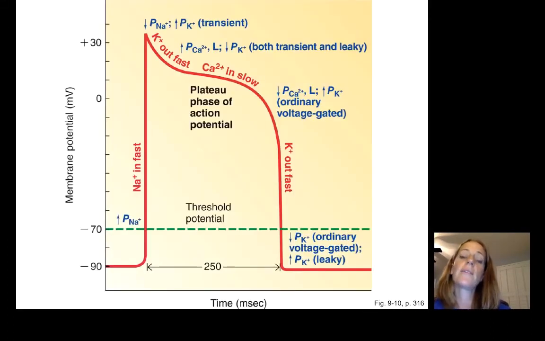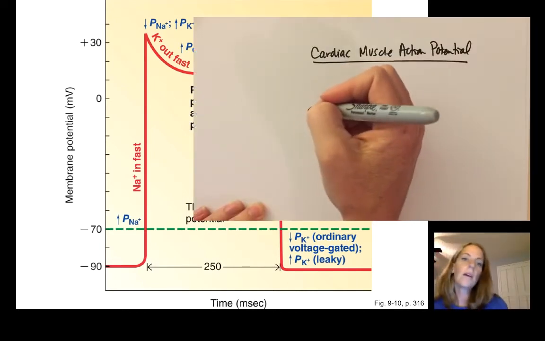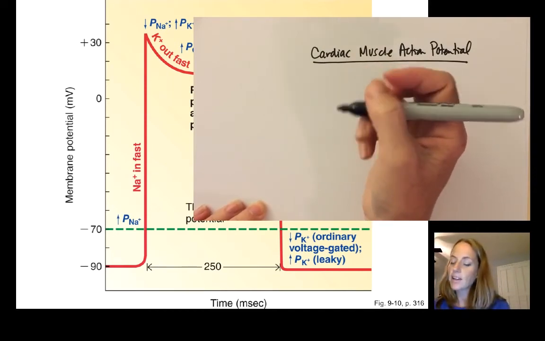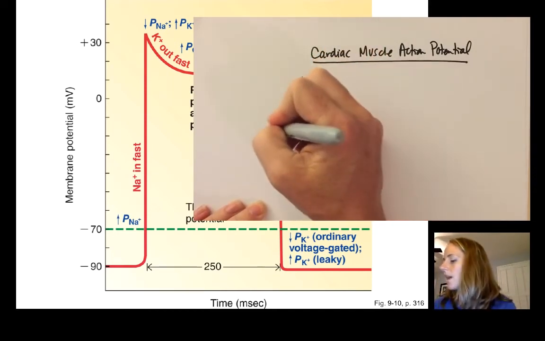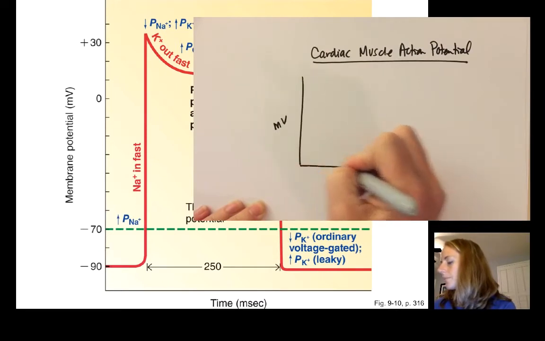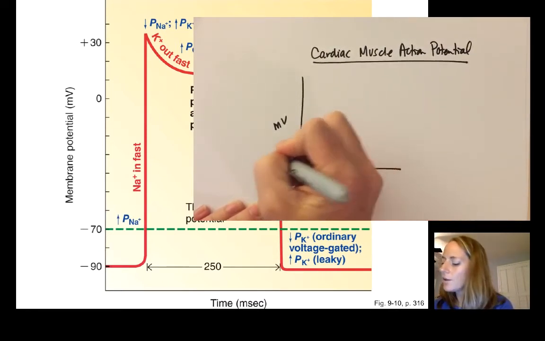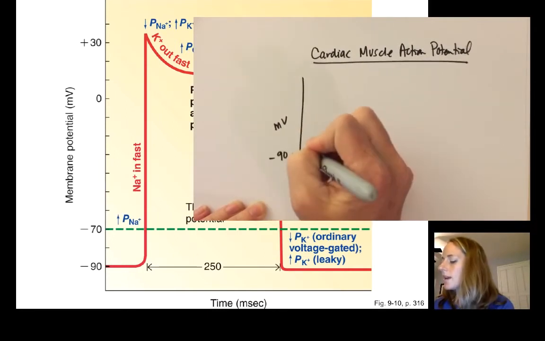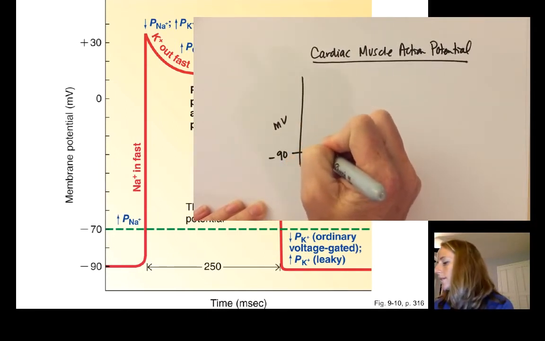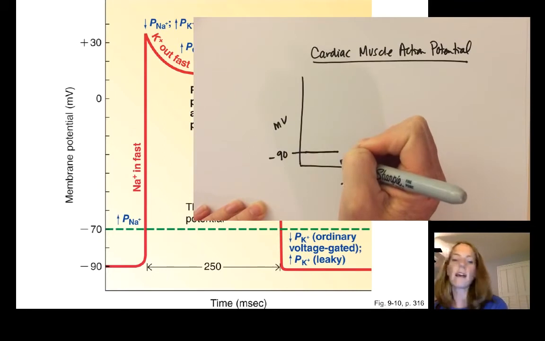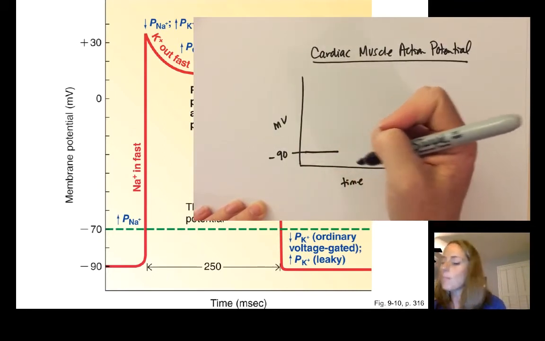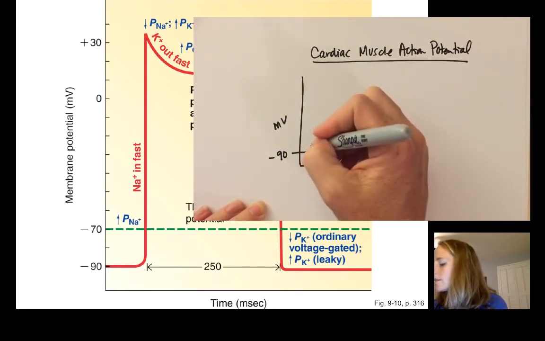So let's draw out the cardiac muscle action potential, and then we can compare the two. Okay, cardiac muscle action potential. Again, we have millivolts over time. They have a low resting potential at -90, and they do sit and wait. So they're going to sit at rest and wait for the input from the intrinsic conduction system.